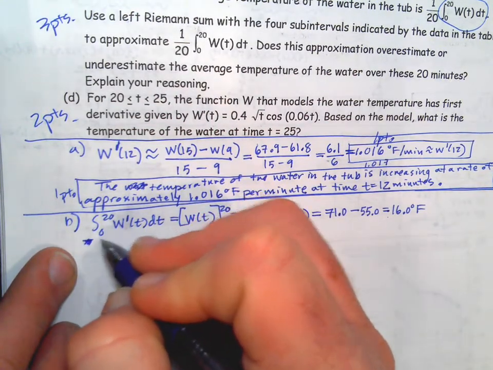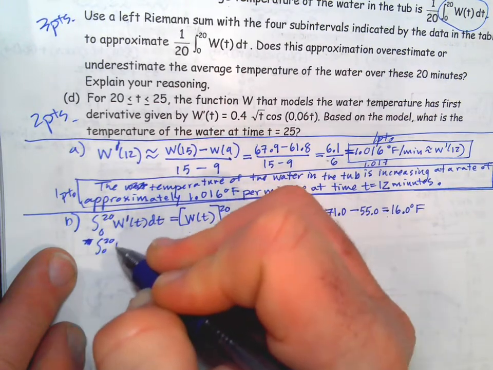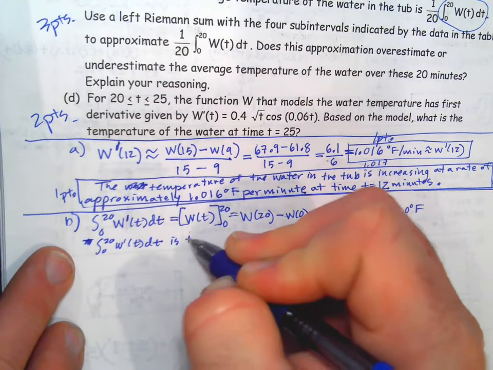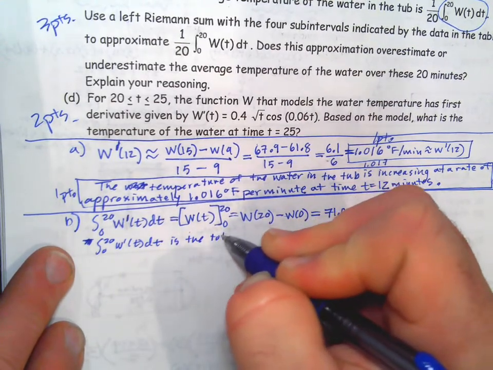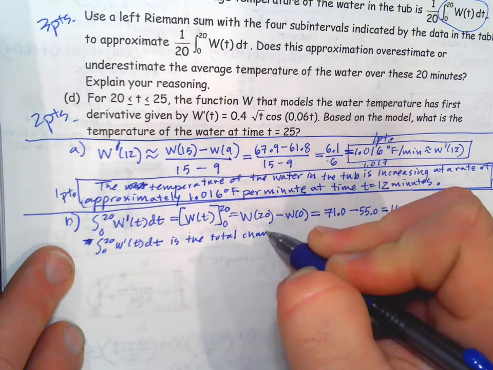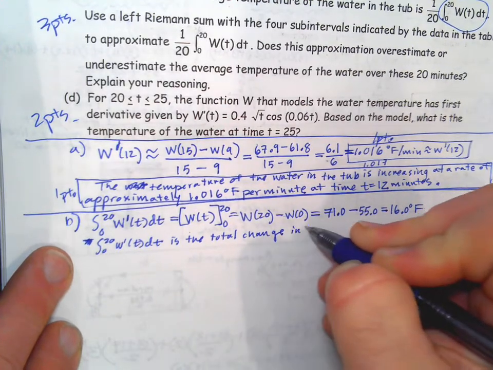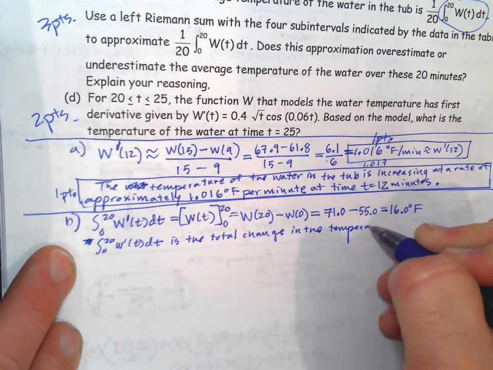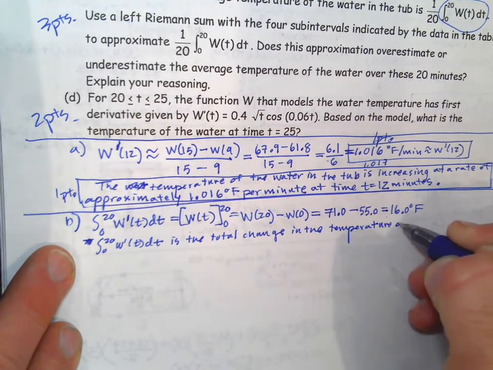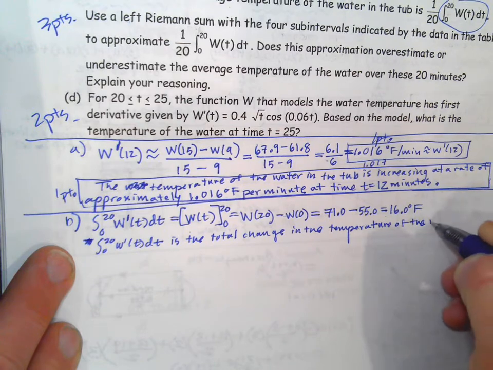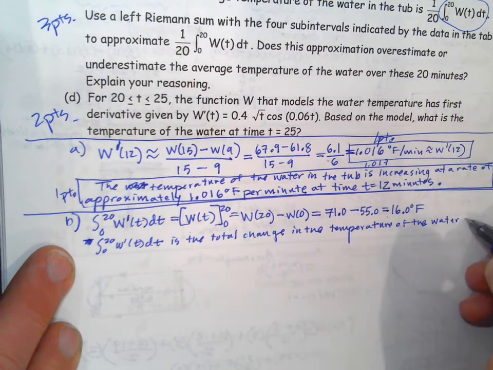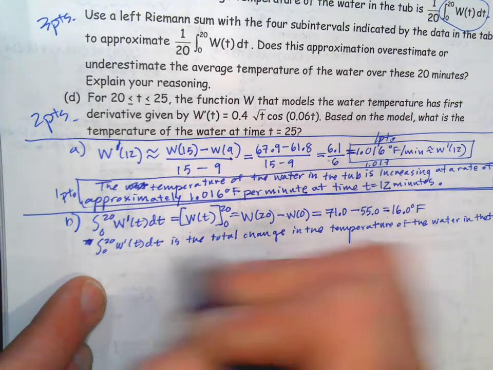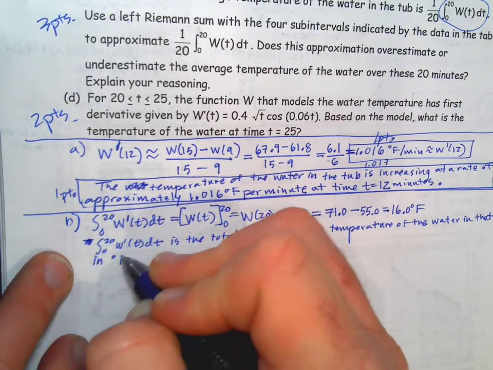So you could say the integral from 0 to 20 of W prime of t dt is the total change in the temperature of the water, in the context of the water in the tub, with units in degrees Fahrenheit.